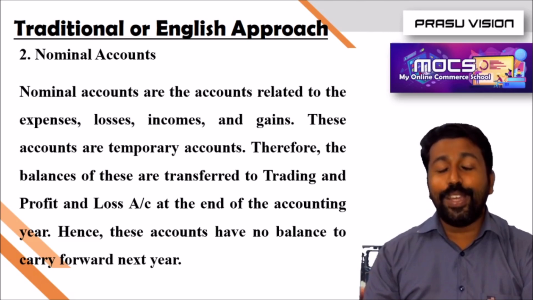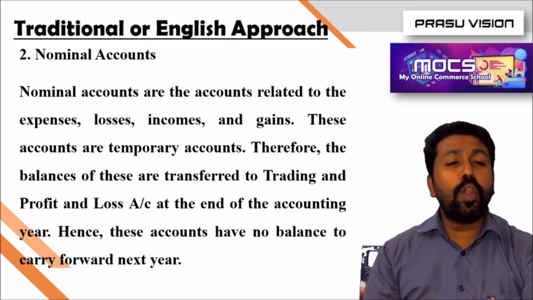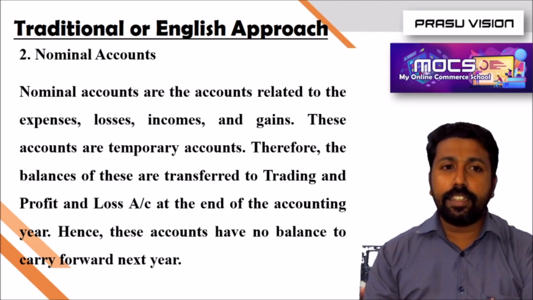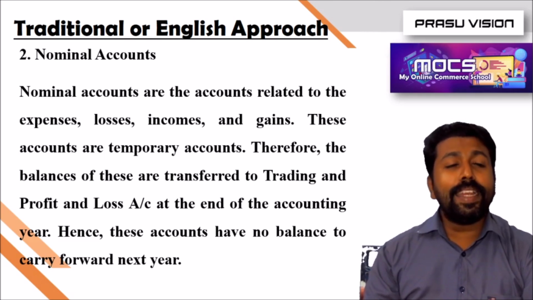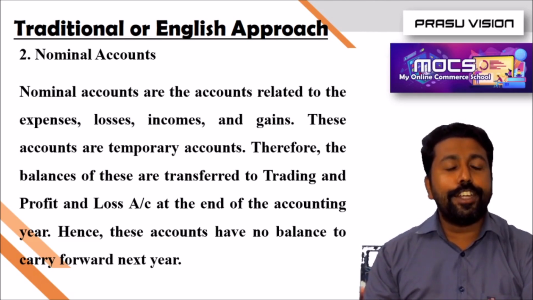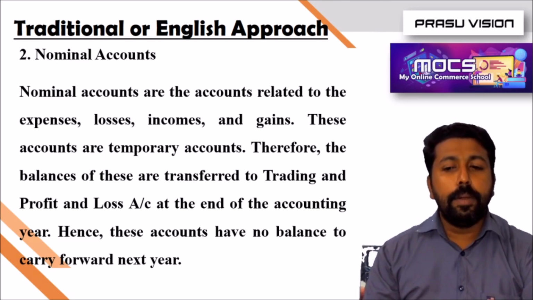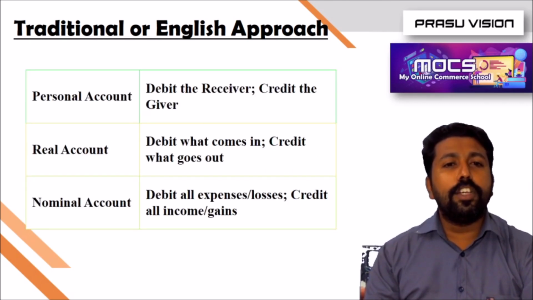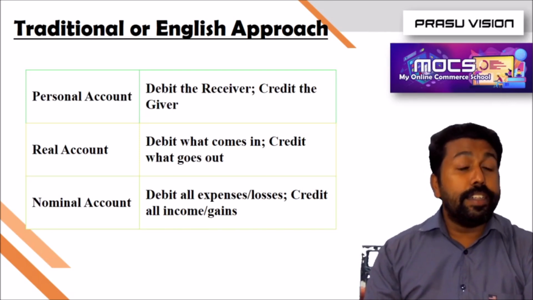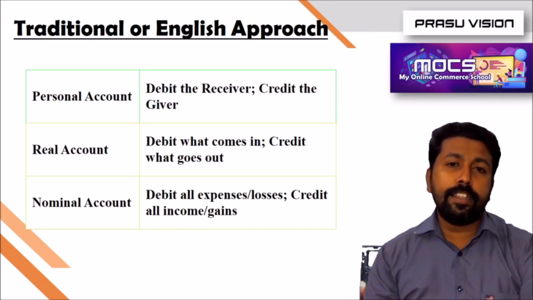Before that, we have to learn what is the rule of debit and credit. What is the rule of debit and credit under the traditional or English approach? Please come to the table. It will be very clear for you. Personal account rule: please read like this, debit the receiver, credit the giver.